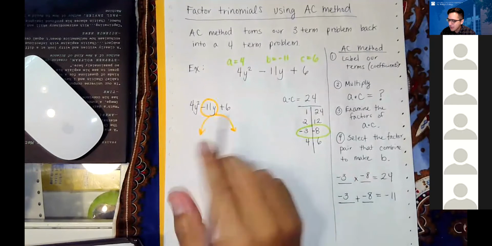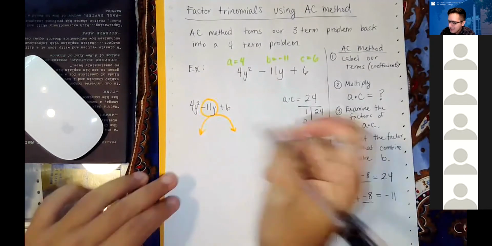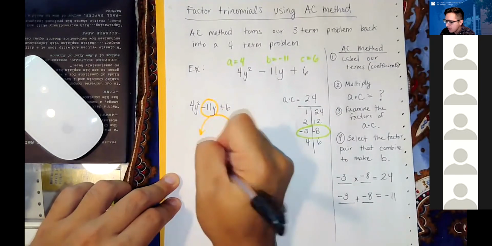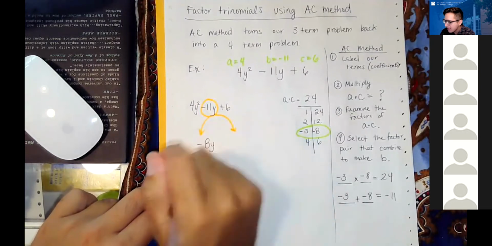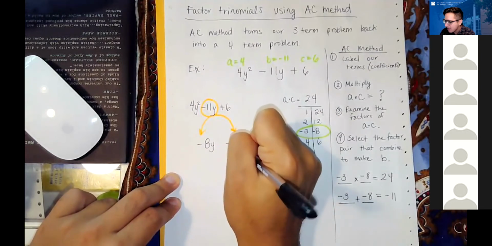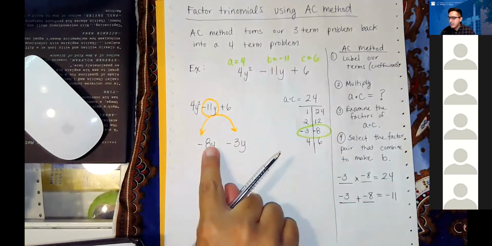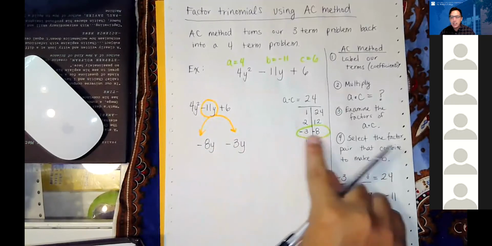And what I mean by that is we're going to take -11y and write it as -8y minus 3y. These two numbers come from this factor pair that we selected.